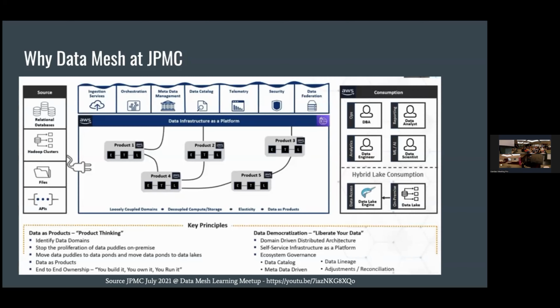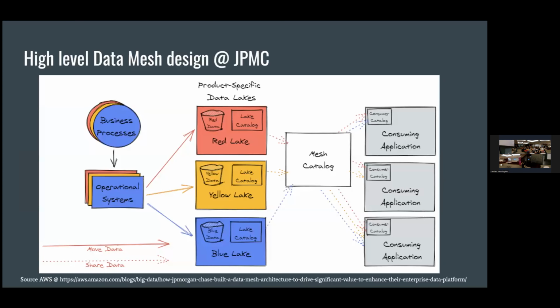We call it data democratization. That's the ability to say each team needs to be independent and be able to create their data sets and free them. If it's internal data that we're going to use within our team, great. If it's data that I should be sharing with other people, I should be able to do it very easily. So these are the high-level reasons why they chose to go down a data mesh path.